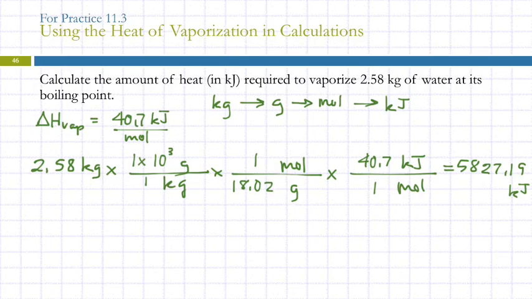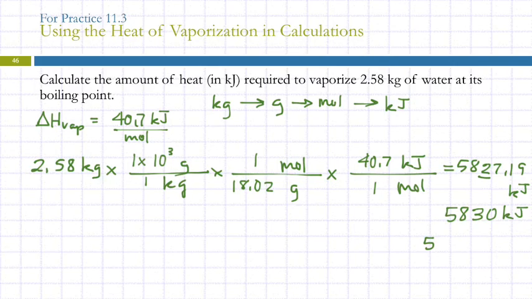How many sig figs should that have? 3. 5,827 is not the same as 583. Just do scientific notation. Scientific notation is the best thing. So some of you are good with this and you can round it to 5830, that's fine.